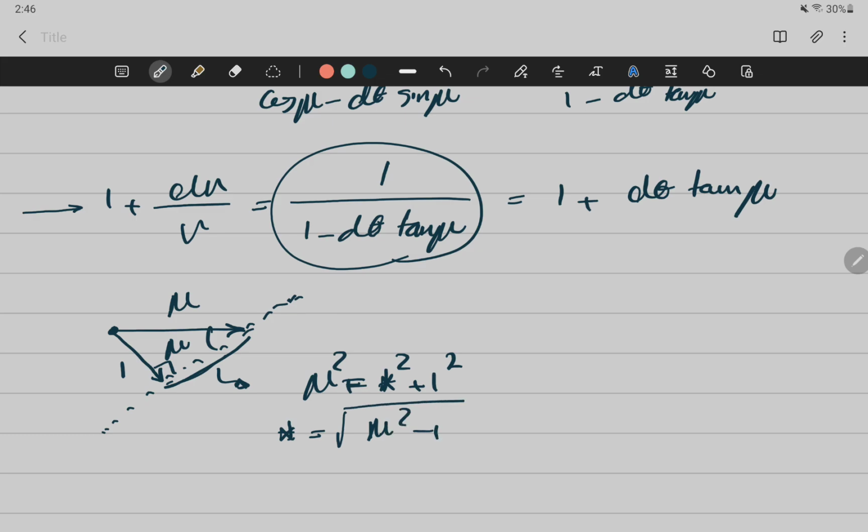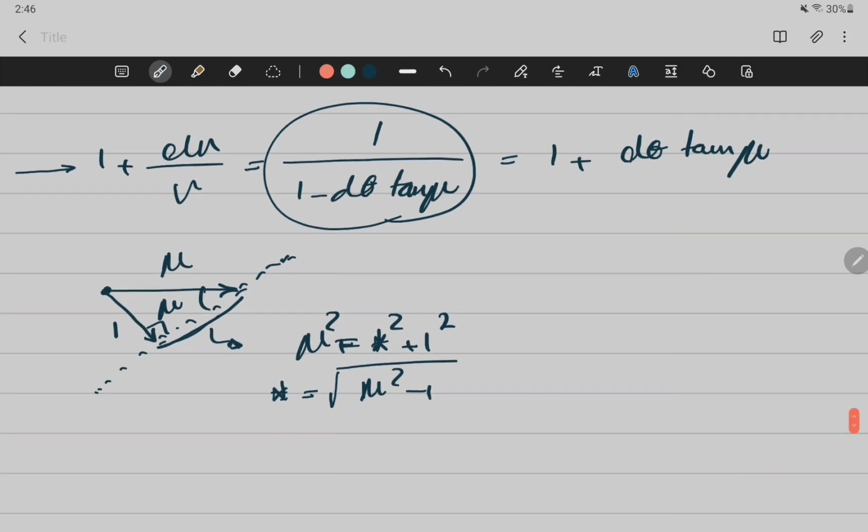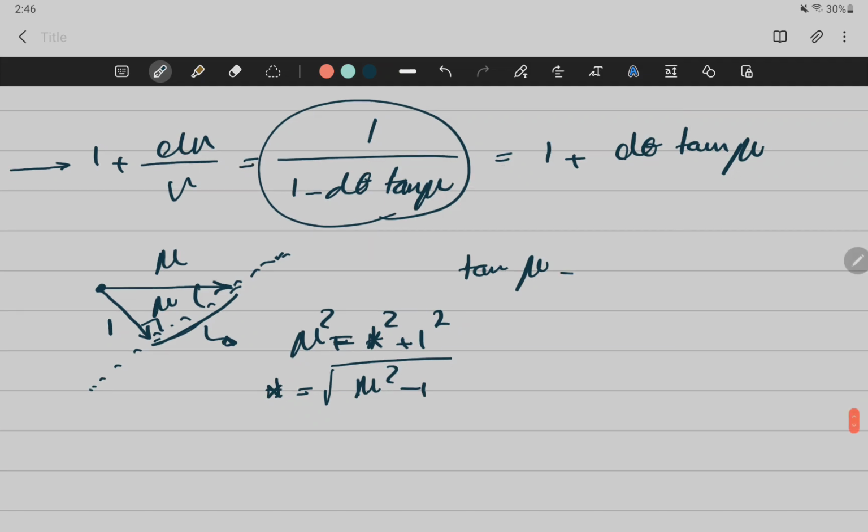So how can we find the tangent of this Mach angle? It is 1 over square root of M squared minus 1. Is this true? Yes? Okay.